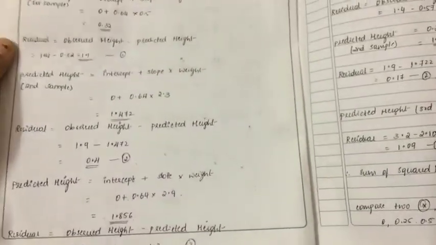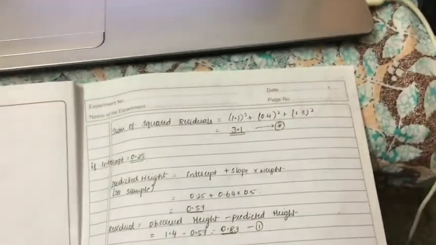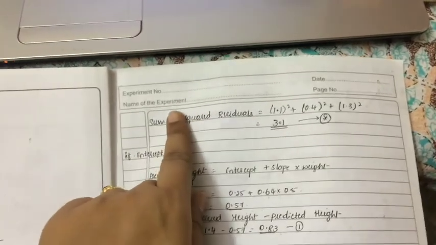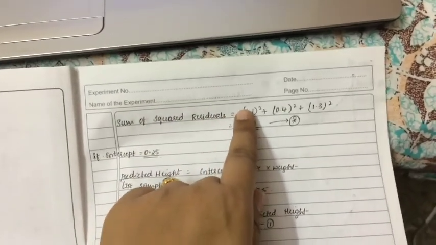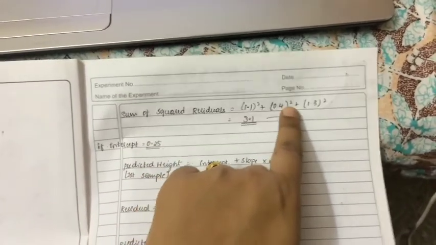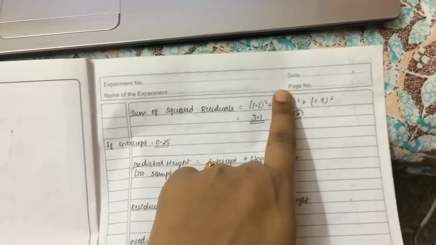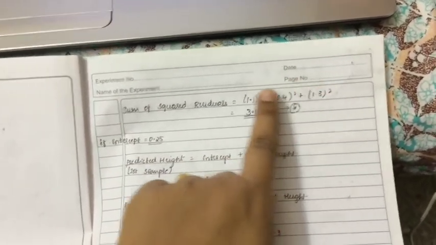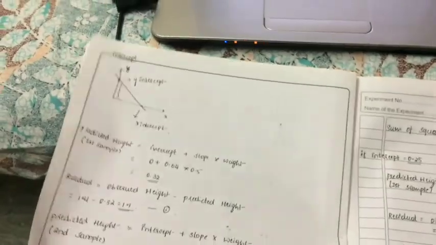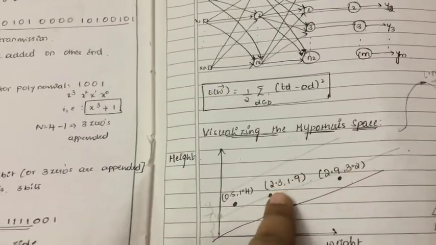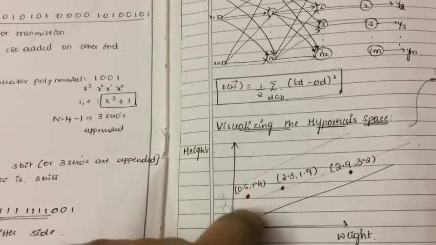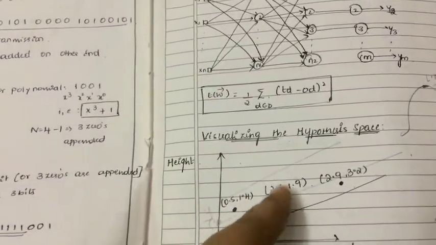This example was solved in the previous video. You can observe that here I have done the sum of squared residuals, so I have added all the errors of the samples. I have considered a 3 sample example, where sample means training example.